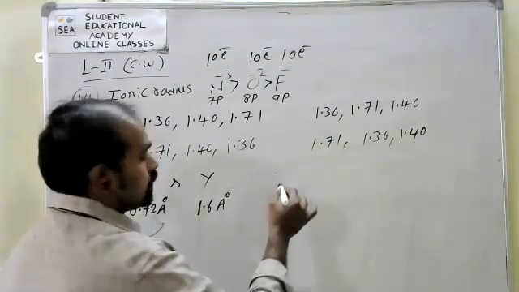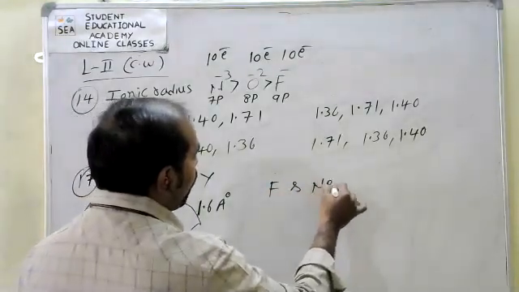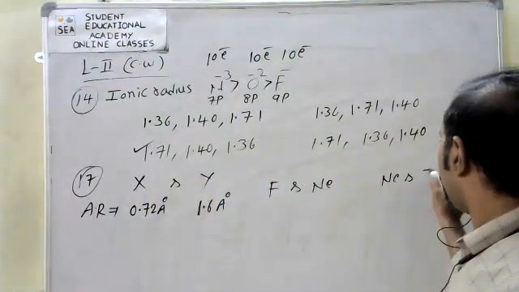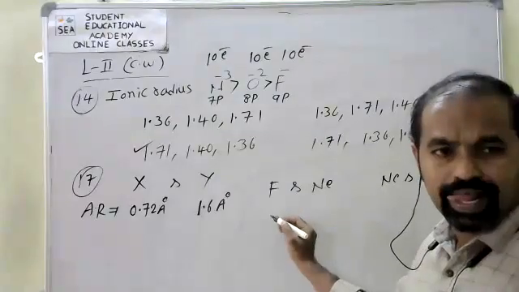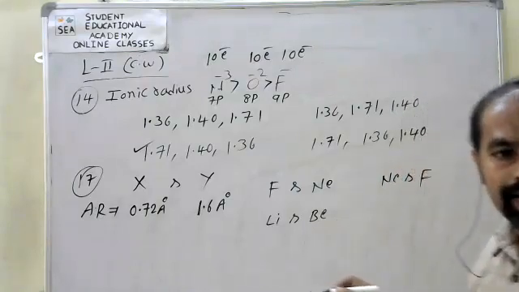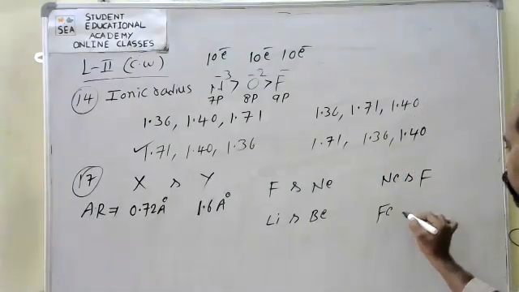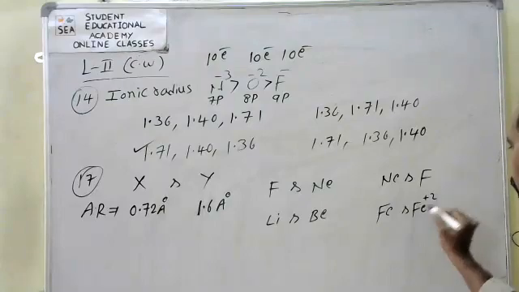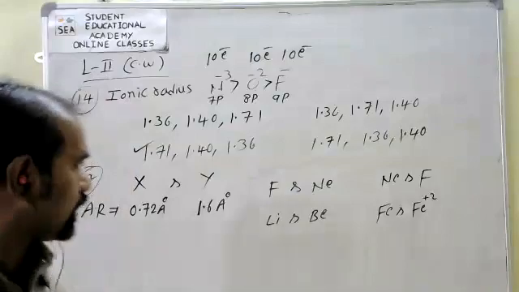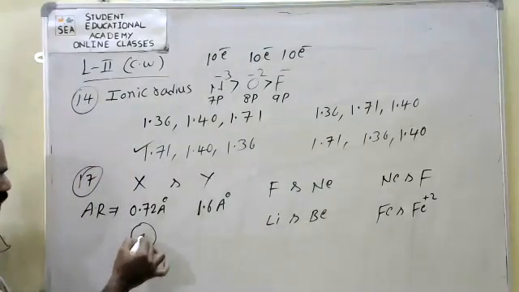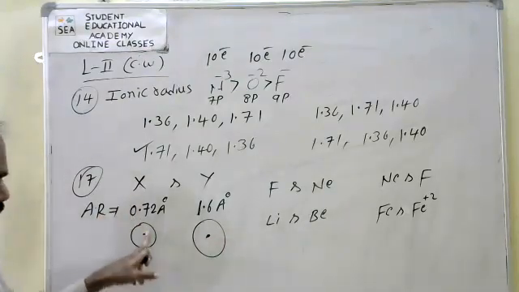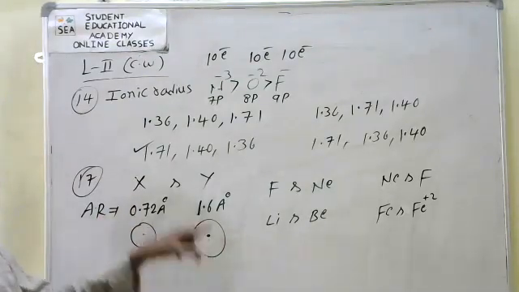Options: first, fluorine and neon; second, neon and fluorine; then lithium and beryllium; and Fe and Fe+2 ion. Now listen. X has the smaller atomic radius and Y has the larger atomic radius. That is the meaning.